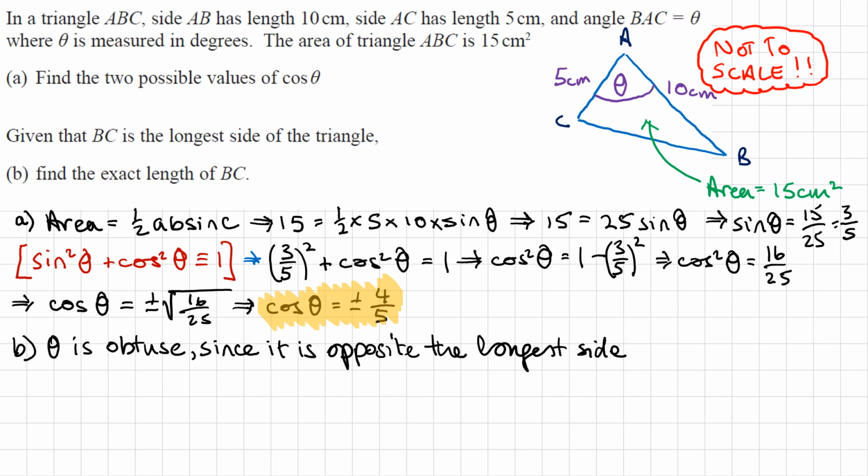The longest side, BC. Now, since I have two sides and the angle between them, and I want to find the length of this side here, that means I'm going to be using the cosine rule. And so I'll have a squared is equal to b squared plus c squared minus 2bc cos A.